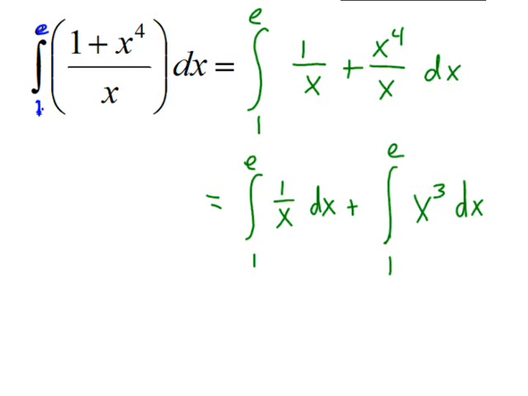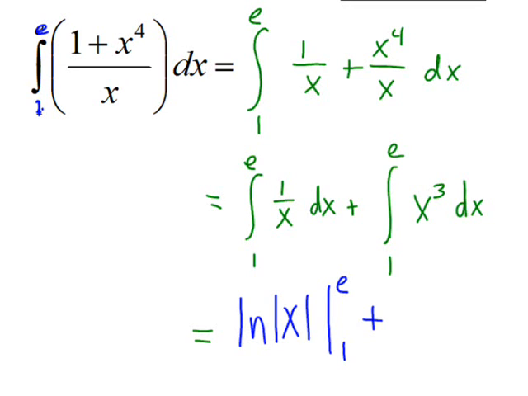And now I've taken a problem that looks fairly complicated and put it into two semi-easy integrals that we should know. All right, so I ask myself, the derivative of what function gives me 1 over x? And we say to ourselves, oh, that is ln of x. Remembering my absolute values. However, my absolute values aren't necessary in this case because 1 to e is all positive, so we don't have to worry about that, but I'll put them there for good measure.